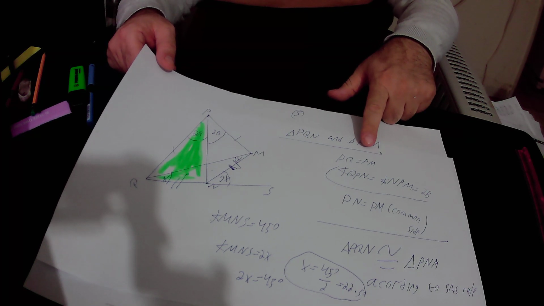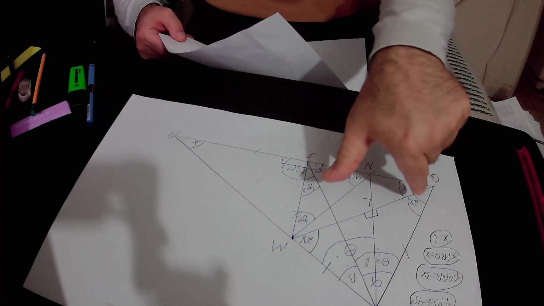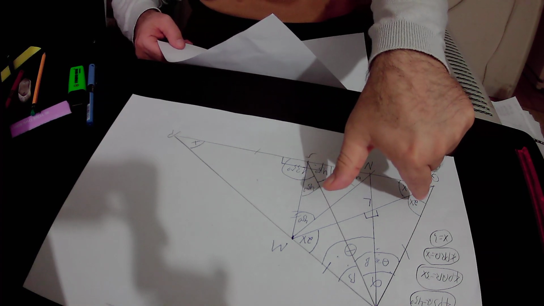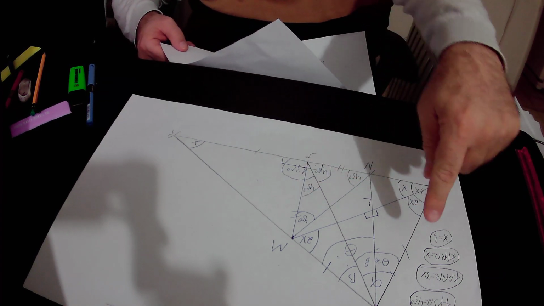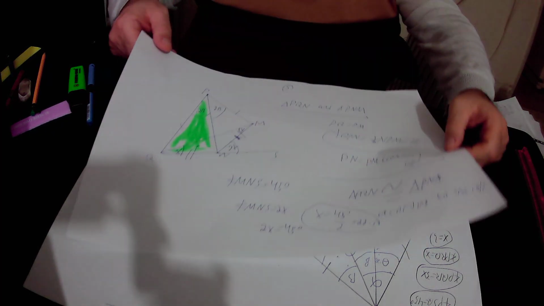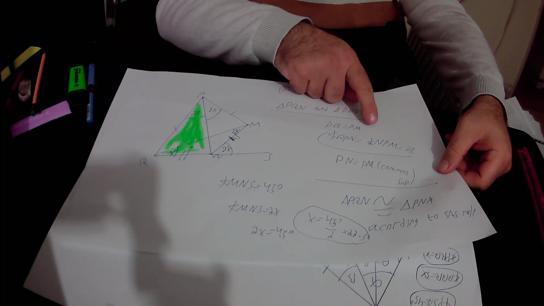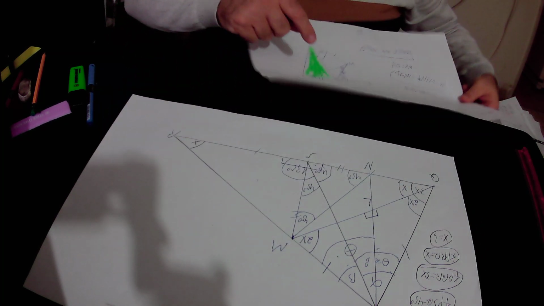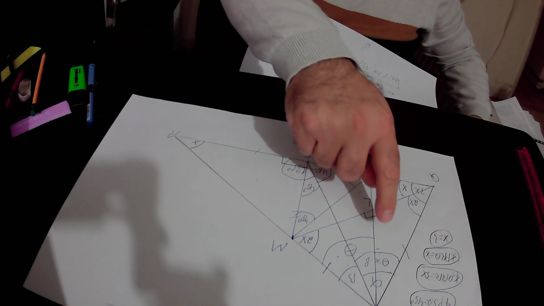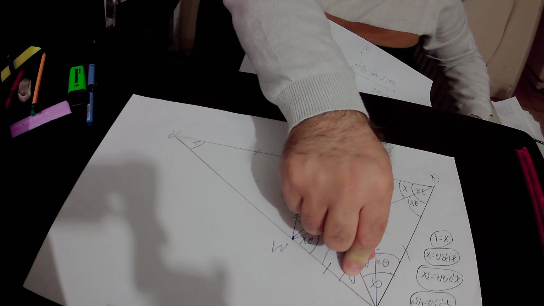Because we have PQ equals PM, because we have those two angles that are equal to each other, they are equal to 2x. Therefore PQ equals PM. We also know that angle QPN equals angle MPN equals 2 beta. This angle equals 2 beta, and this angle will also equal 2 beta.